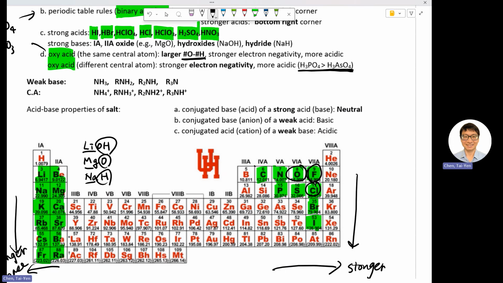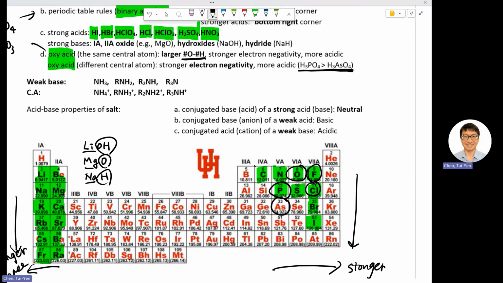Then you want to compare what the center atom is here. One is this guy, one is that guy, right? So you first need to know it's an oxoacid. Because in our rule number 2, we tell you whoever goes to the bottom of the periodic table, it will be a stronger acid, right?